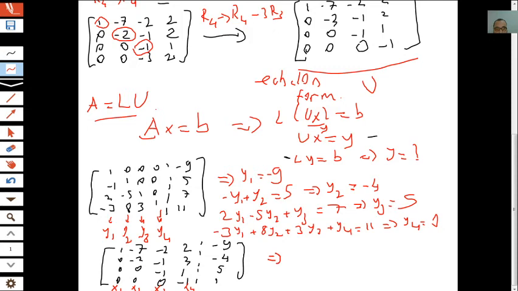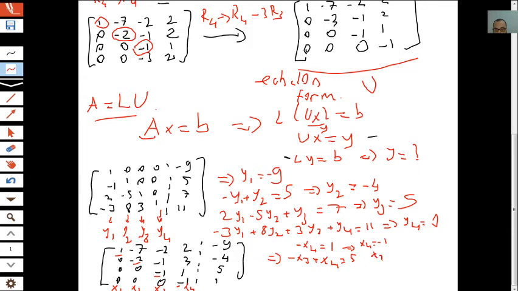Therefore, from the last equation, last row, we have minus x4 is equal to 1. We don't have free variables since we have pivot position in every column, as you can see. So x4 is equal to minus 1, and from the third row we know minus x3 plus x4 is equal to 5.